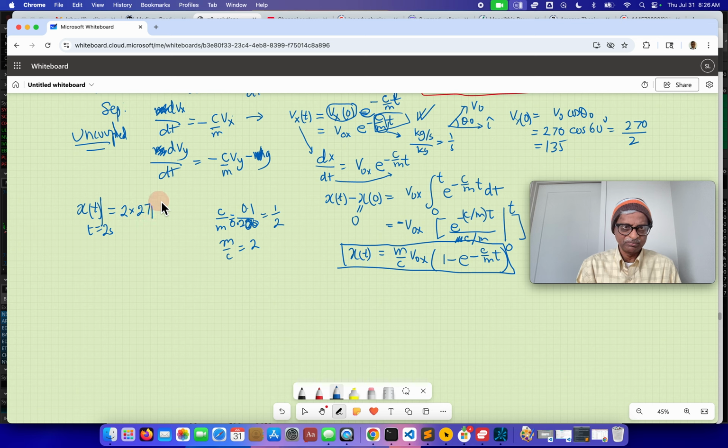270 v0x cosine 60 degrees, 1 minus e to the power c over m is half times 2.